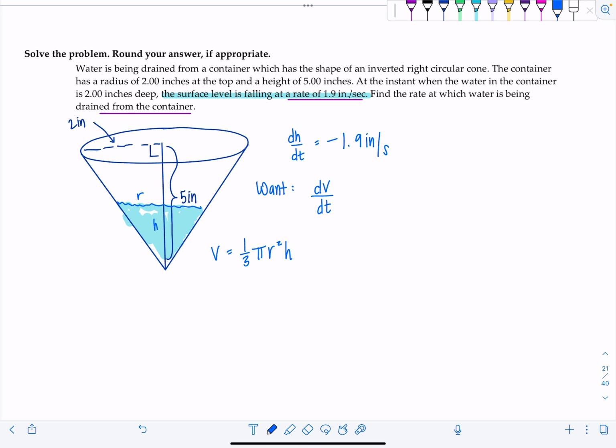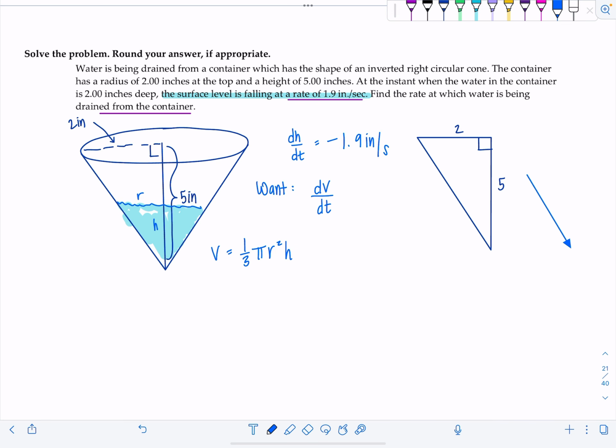But we have a slight problem here, people, because how many variables are in this equation? I just put down V, R, and H. And they gave me dH/dt. I want dV/dt, but this R is going to be a problem because I'm going to have a dr/dt if I take the derivative, and I can't have two unknowns to solve for. Oh me, oh my. So what we do is, we set up similar triangles. Remember when the cone's all the way full, the radius and height are 2 and 5 inches respectively.